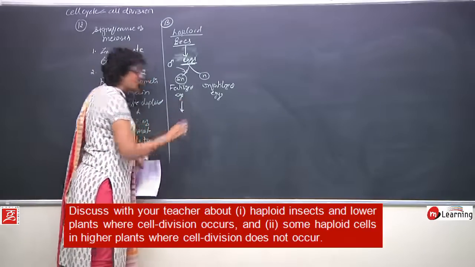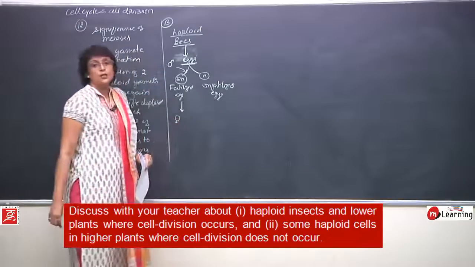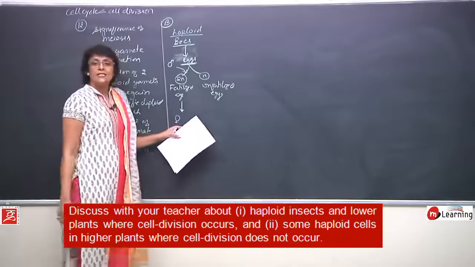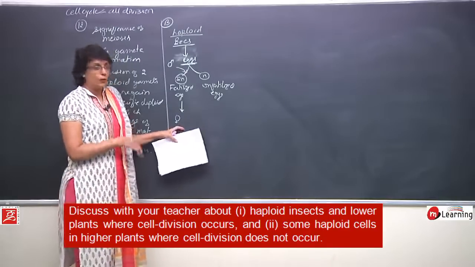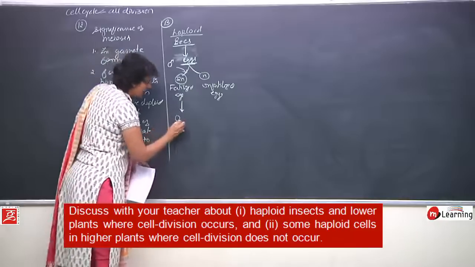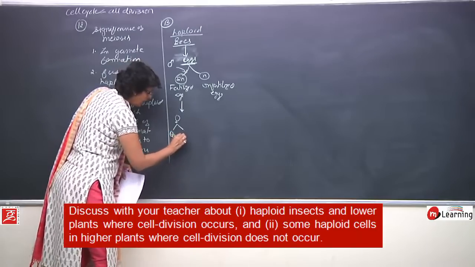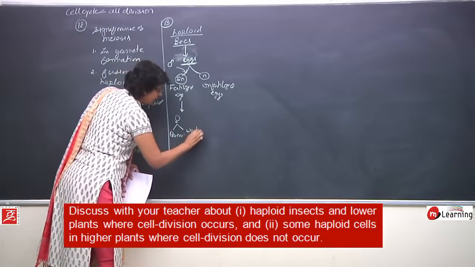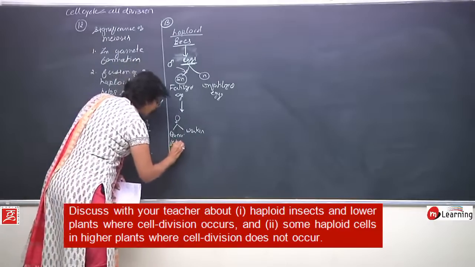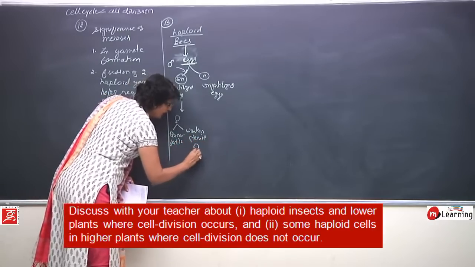Fertilized eggs produce the females. These females would be of different types depending upon what they are fed. If fed with royal jelly, we would get a queen. If fed with bee bread, we would get workers. So these females are of 2 types, a queen or workers. Queen is fertile and workers are sterile females.